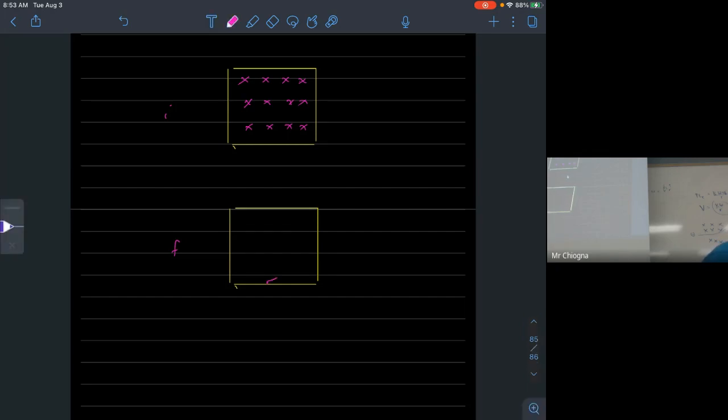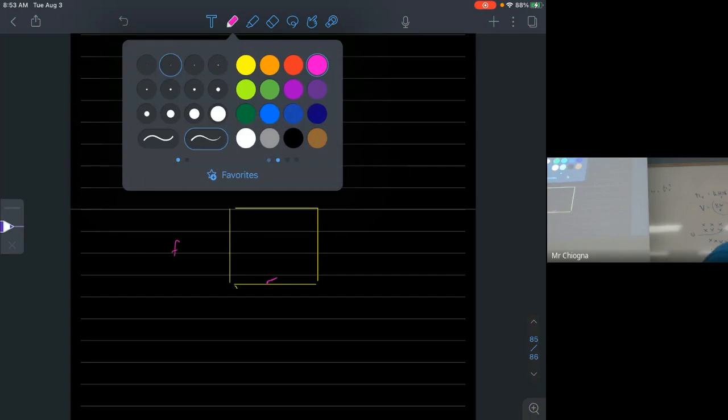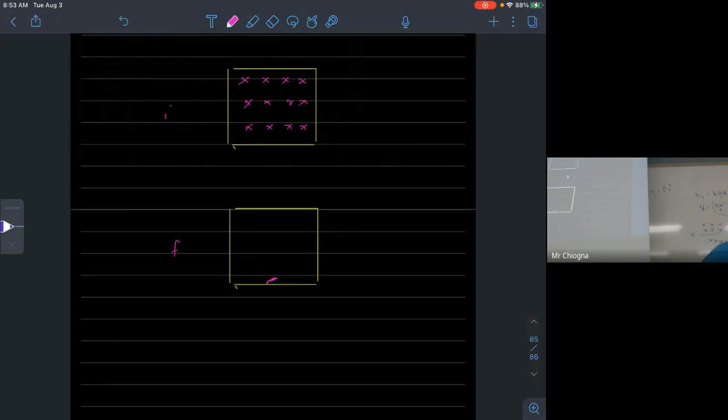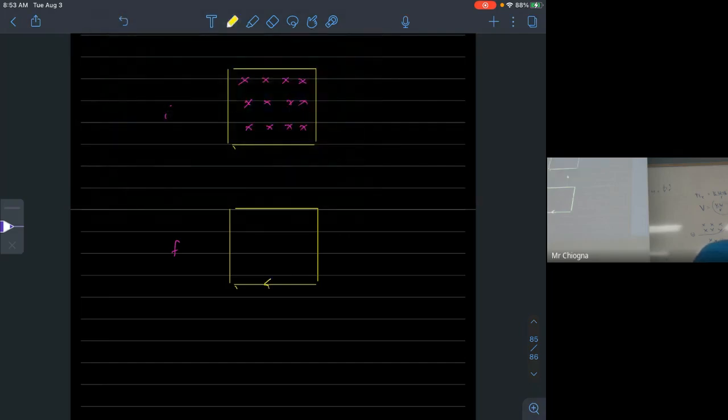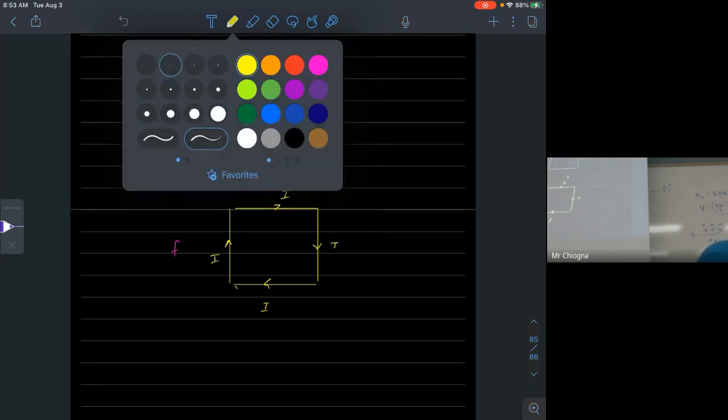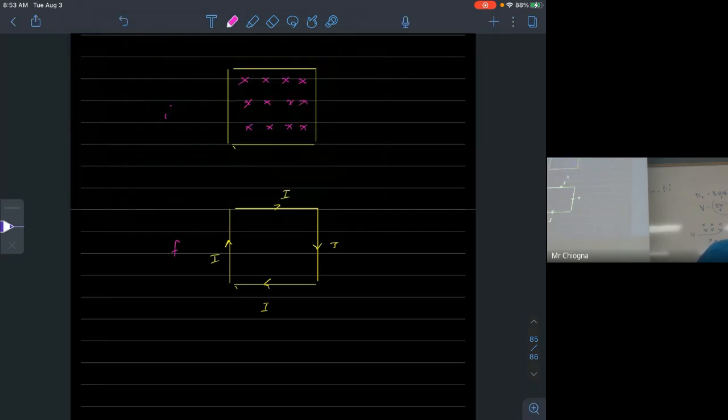Current is going to be yellow. That's the direction of the current. That would result in magnetic field on the inside of the page this way.